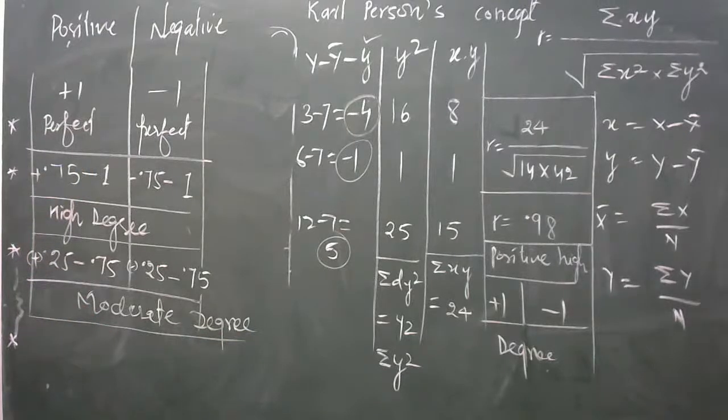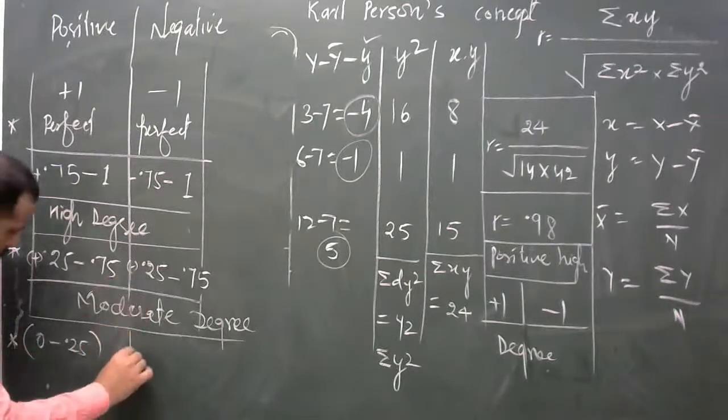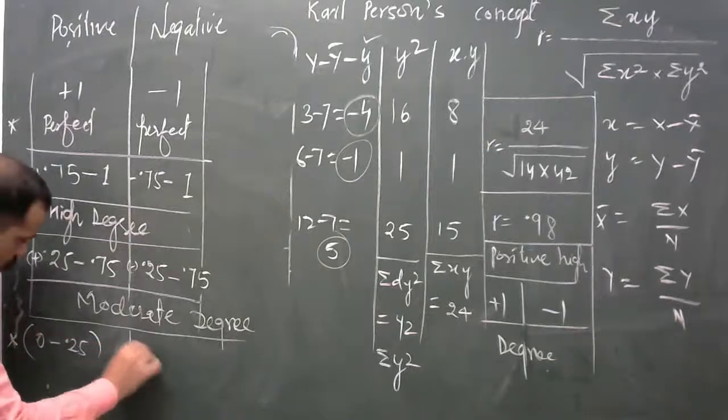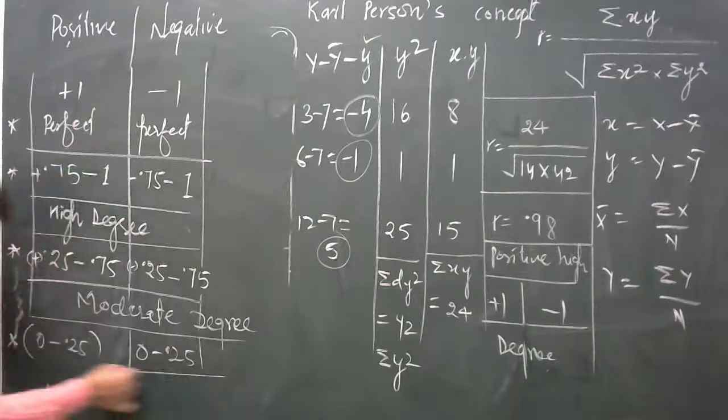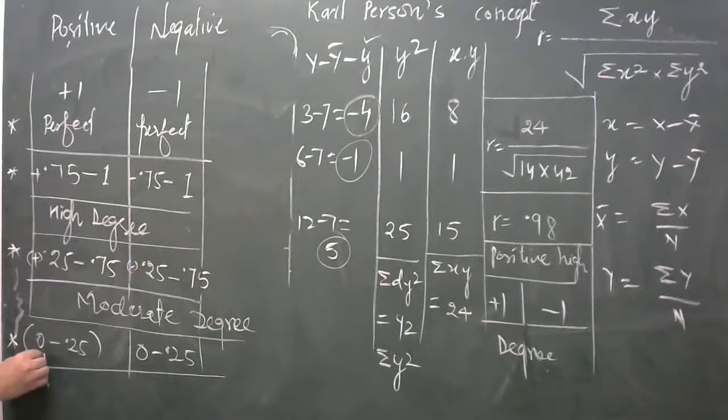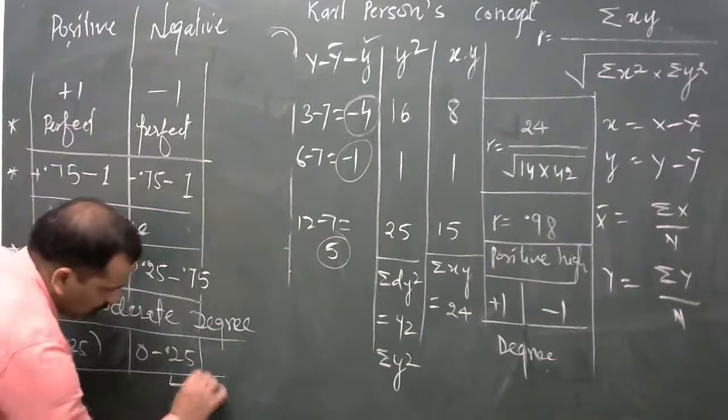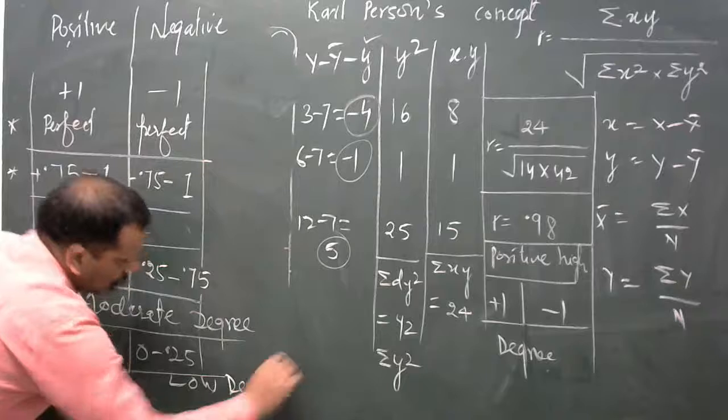Next is low degree, 0 to 0.25, and 0 to -0.25, positive on this side, negative on this side. It means like 0.1, 0.2, 0.21, 0.22, 0.23, 0.24, then low degree correlation.